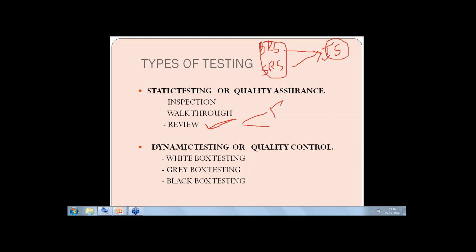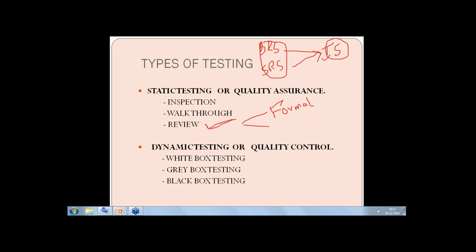One is a formal review. What do you mean by formal review? Formal review means you have a review team that might consist of developers or testers, or both developers and testers. In a formal review process, you formulate the team and call for a team meeting to review the document.